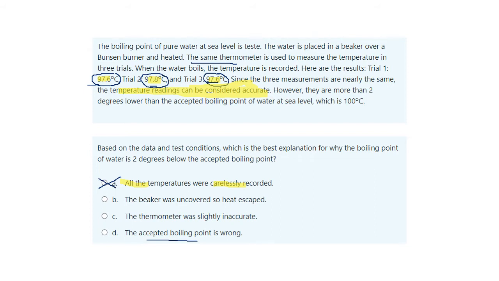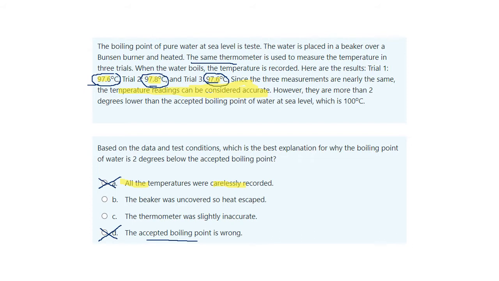Scientists have looked at the temperature that water boils for hundreds of years. It's been done millions of times around the world, and scientists agree that 100 degrees Celsius is the boiling point. So if you do it 3 times and get a different temperature, then you are probably wrong. So we do not change what everybody in the world believes just because we do something 3 times and get a different answer. So take away answer D.